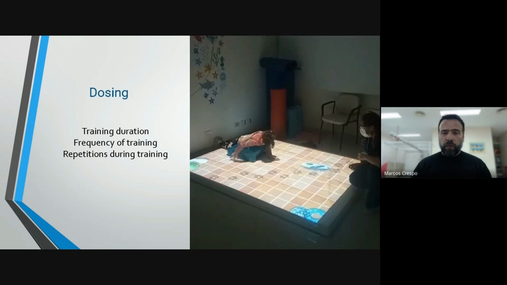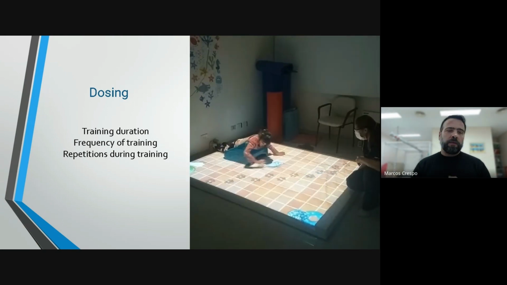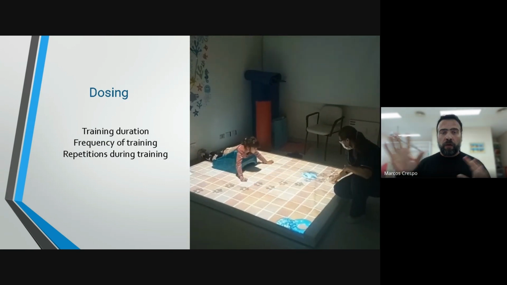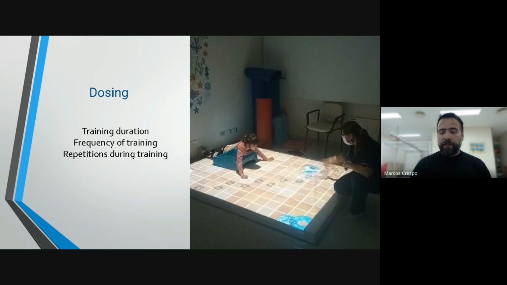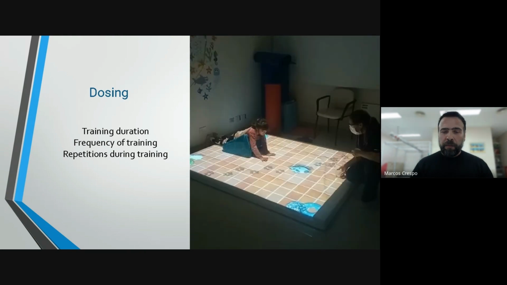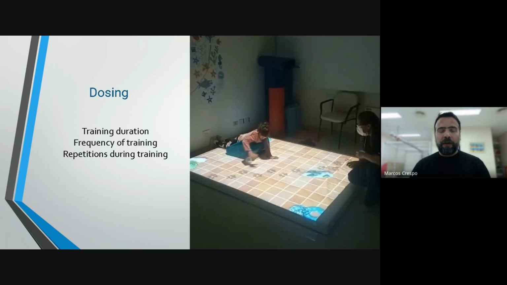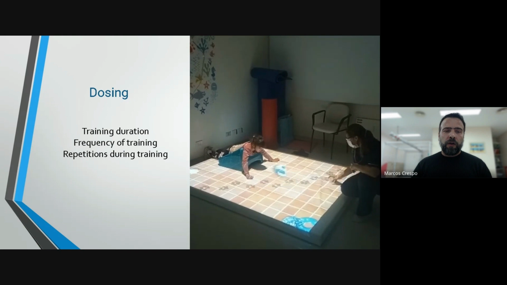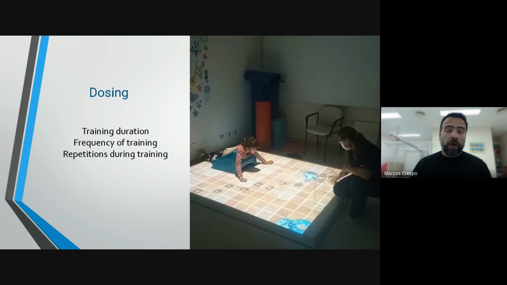Of course, we have other activities in Nirvana to work on number of repetitions, but this is for me a very fun, very clear example of how we can change an activity to get longer work with our patients.